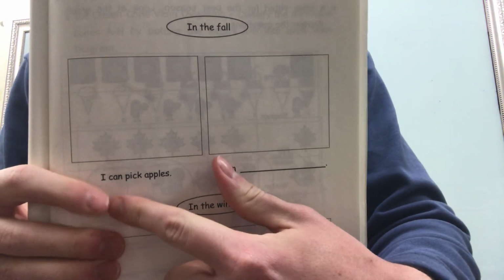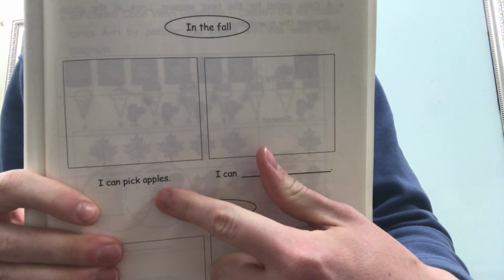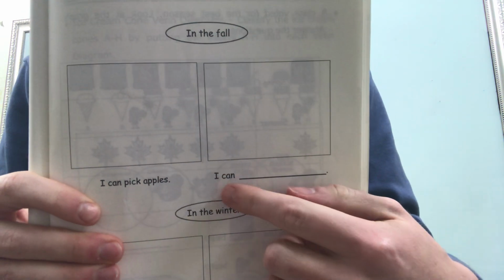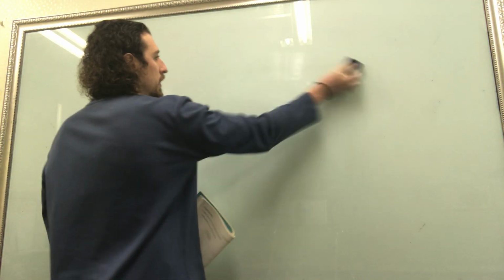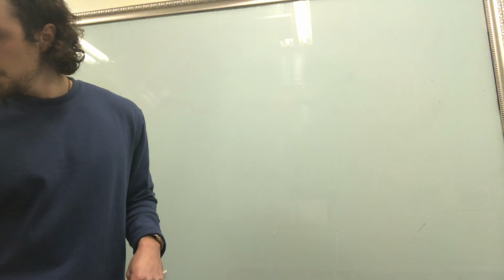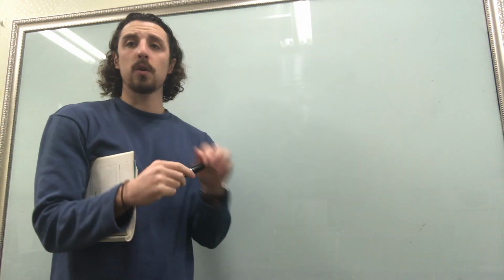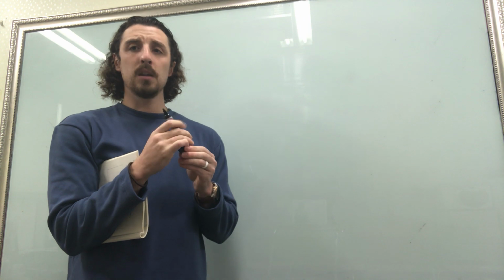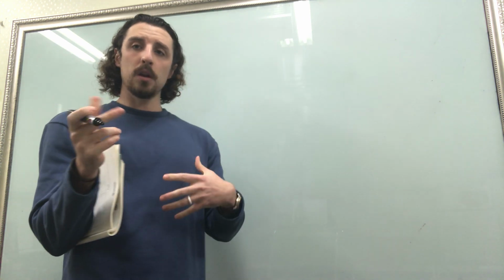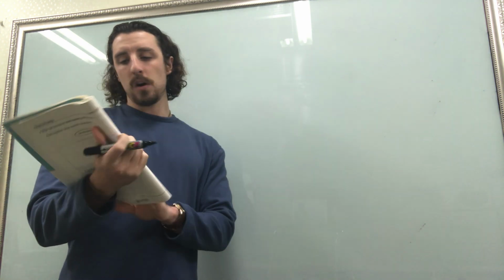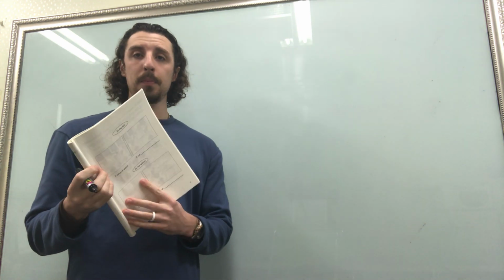So now, let's do in the fall. So in the fall, I can pick apples, and then we have to do another sentence. So let's say in the fall, we can go trick-or-treating. You know, on Halloween, when you dress up, we'll say in the fall, I can dress up in a costume, okay?